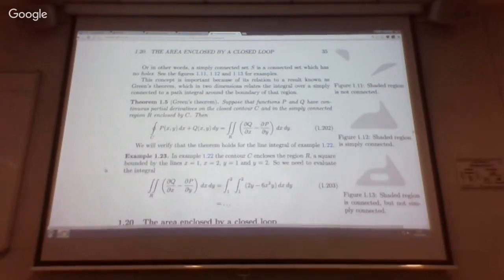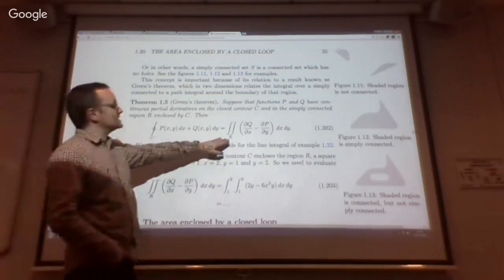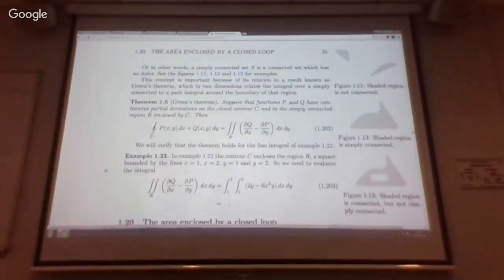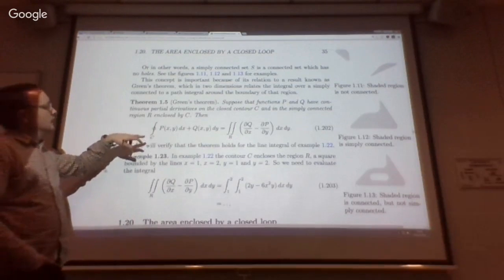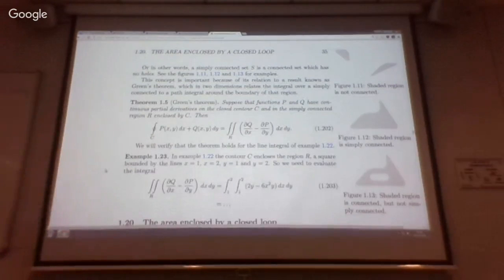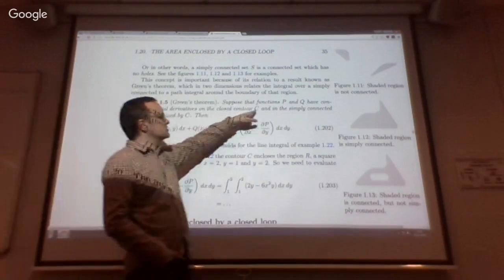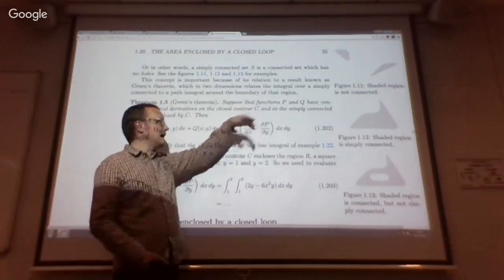Now look at it a bit more closely. R is a simply connected region of the plane. C is the boundary of the region R. So you see C is a closed contour. That's just another word for path or curve.